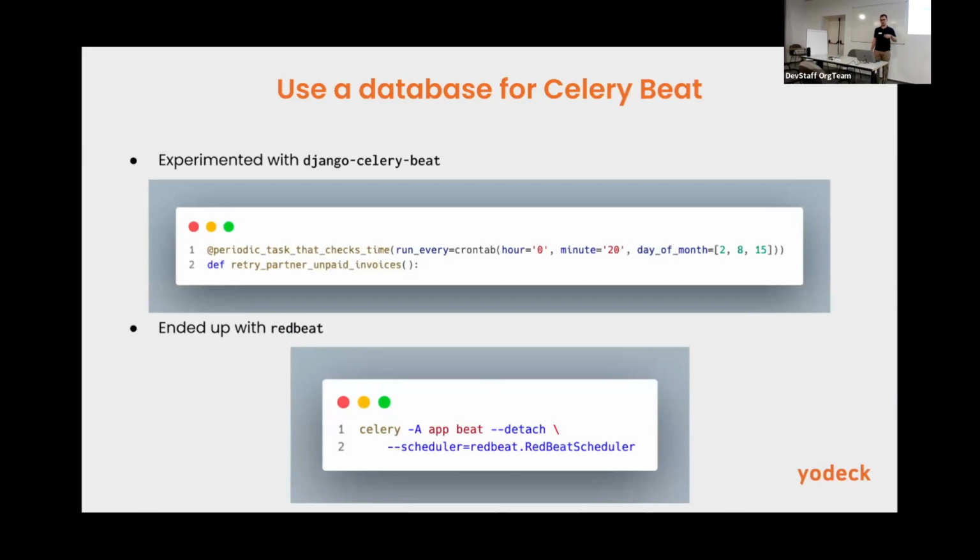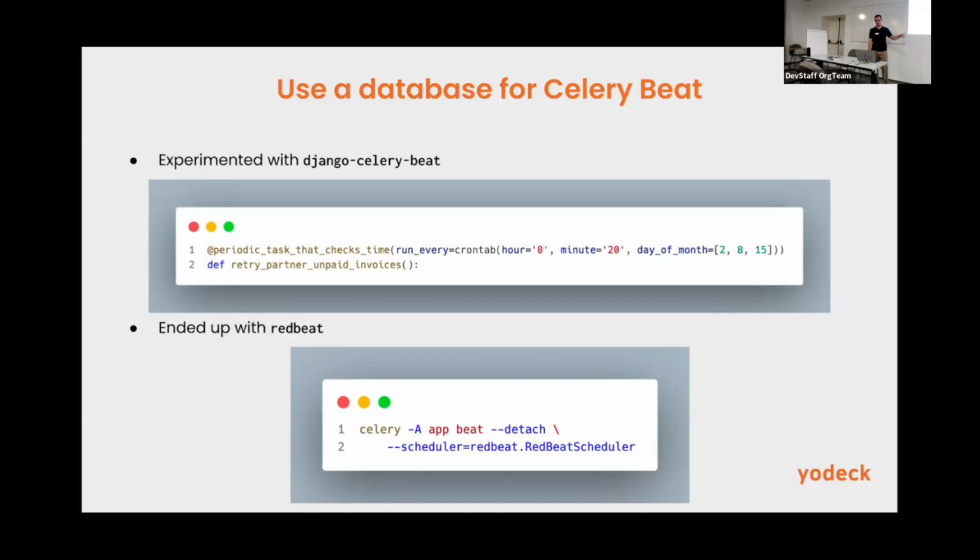And we experimented with the Django Celerybeat package that allows you to store all this metadata inside the database that Django uses. But as we saw in this example, the library is not fully implementing this kind of syntax.